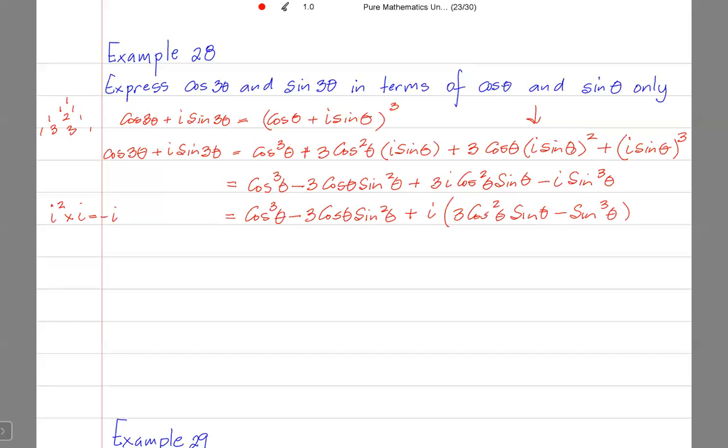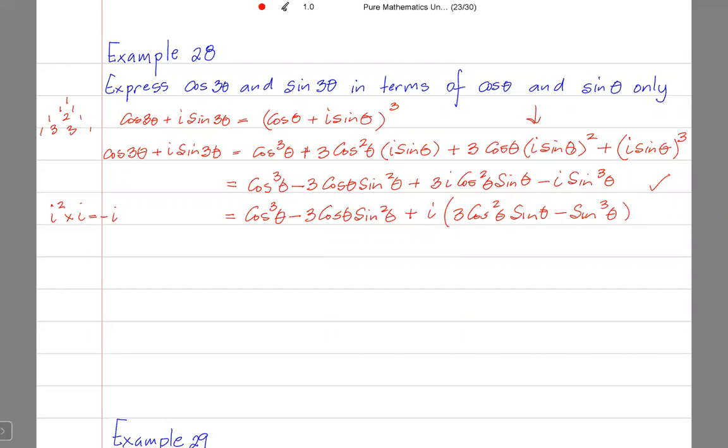Excuse me, sir. Sorry for cutting in every minute, but can you let me in, please? I just did. Okay, sir. And one more thing, isn't it supposed to be cos 3 theta plus 3 cos theta sine square theta plus negative 3i, since the i squared is where you have positive? Which line are you talking about? This line? The second line.